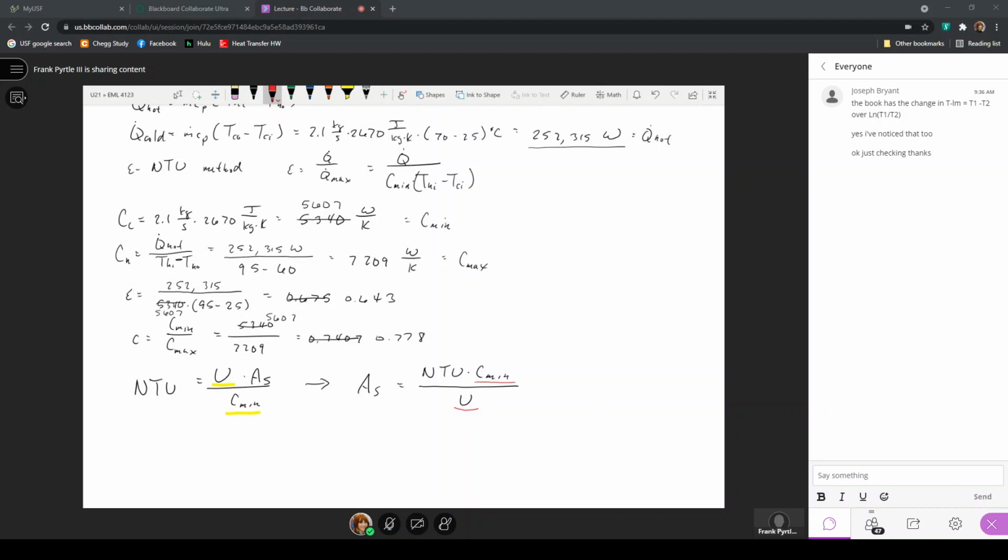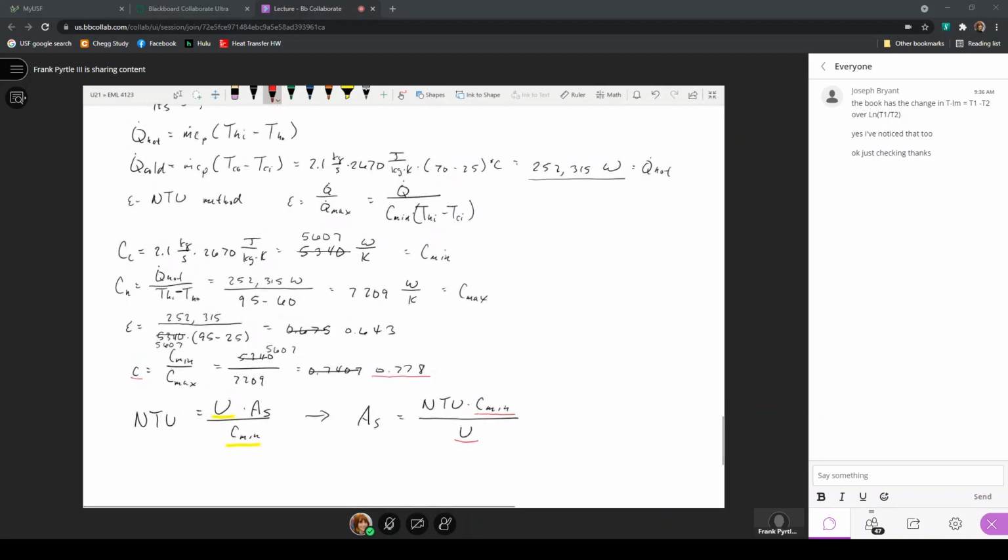So we have the overall heat transfer coefficient, the minimum capacity rate, and now we just need the number of transfer units. Well, just like the effectiveness is a function of the number of transfer units and the capacity rate ratio, where this is the capacity rate ratio here. The effectiveness for this heat exchanger is just the actual heat transfer rate, which would be that heat gained by the cold fluid, lost by the hot fluid, divided by the minimum capacity rate times the T hot in minus T cold in.